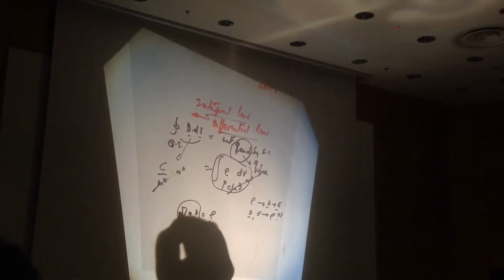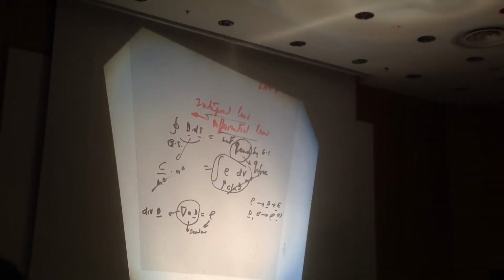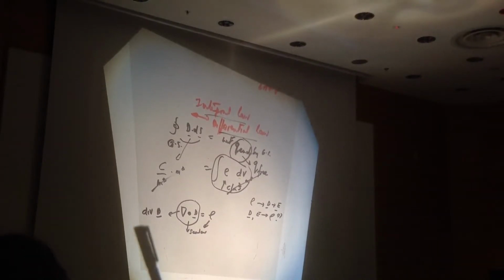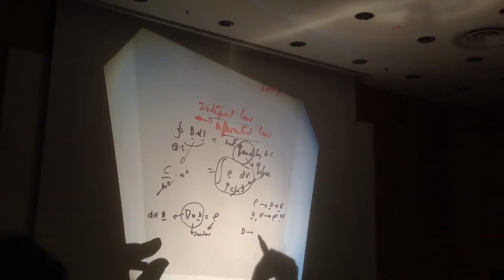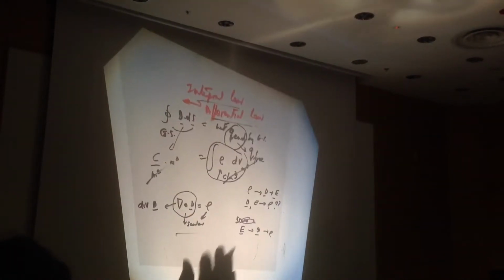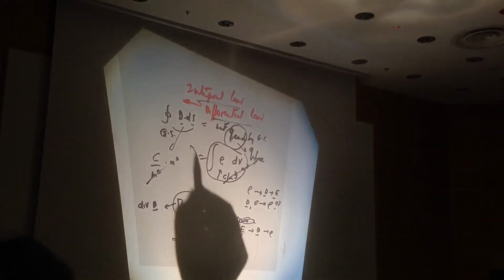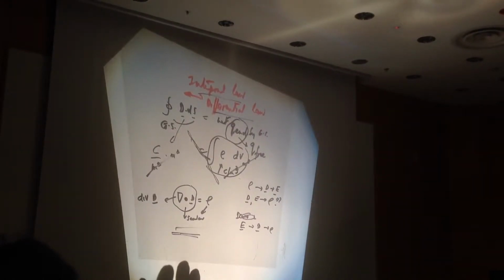So those of you who are not used to this, it is div D. Therefore, if I give you the D or the E, you can get the other: if I give you the E, you can find the D. And from the D, you can get the rho using this law. So this is Gauss's law in differential form. This is Gauss's law in integral form. So you will see that every law has an integral form and a differential form, and that makes life easier.